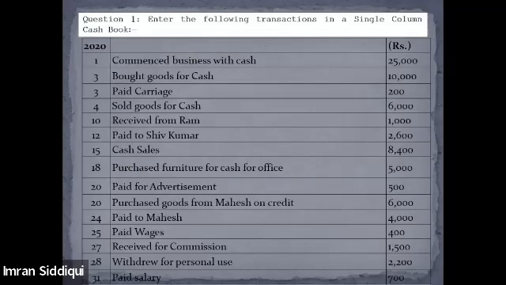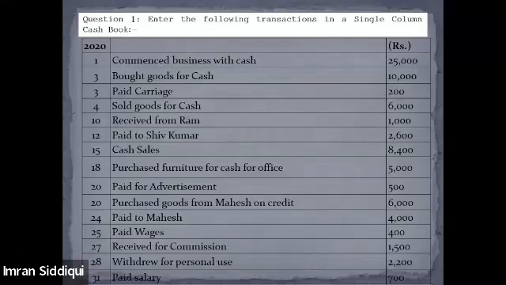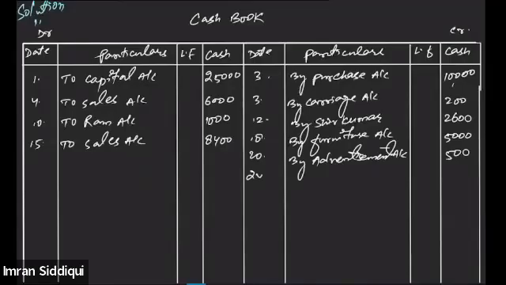Now on 24th, paid to Mahesh. We are making the payment to Mahesh on 24th, so that will lead to the outflow, by Mahesh account. Okay, and amount is 4,000.